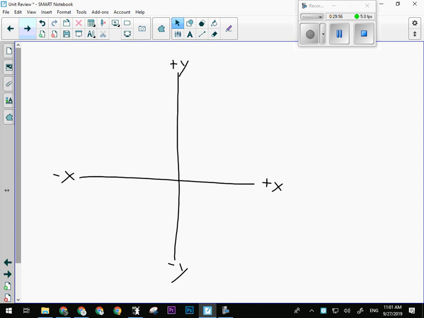An acceleration problem. A graphing problem. A vector problem. And a graph. So just like I told you before.